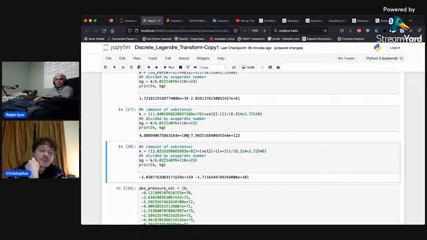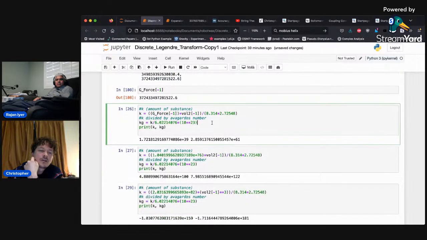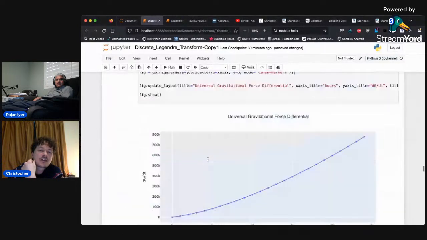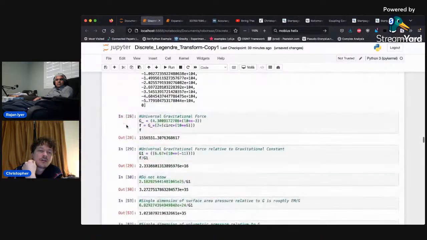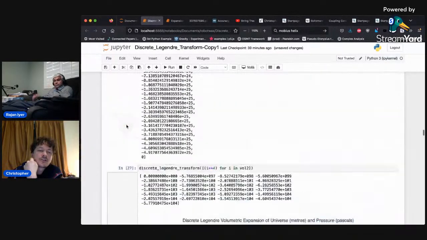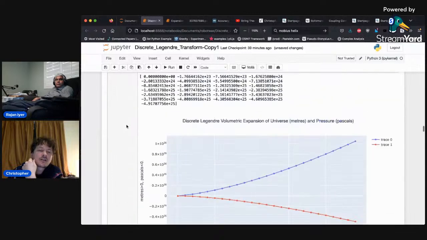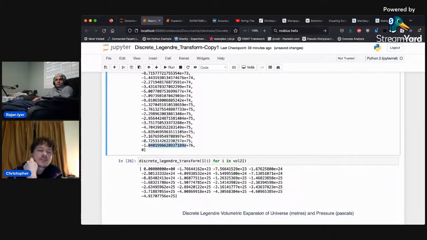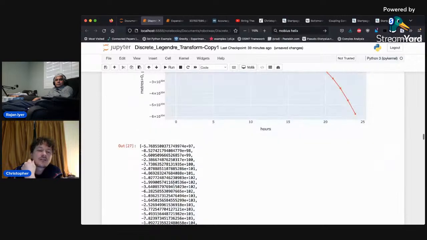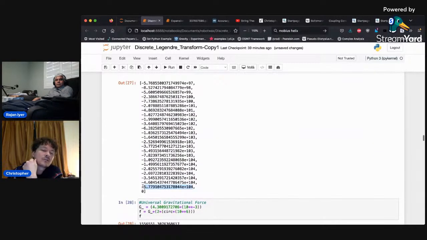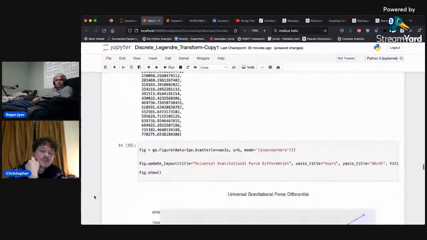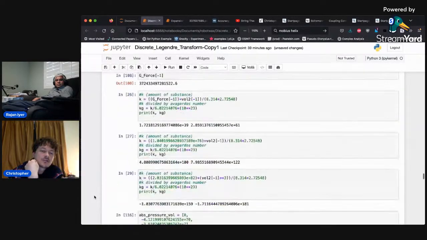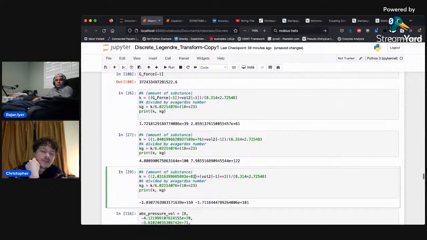So from a surface area perspective, it's 4.8 to the 100. Let me just check that we have the right values. We want the pressure. There's a pressure value for that, and then there was the pressure value for this, which we didn't use. So the other values here are kind of from the previous attempt, so we can replace that.